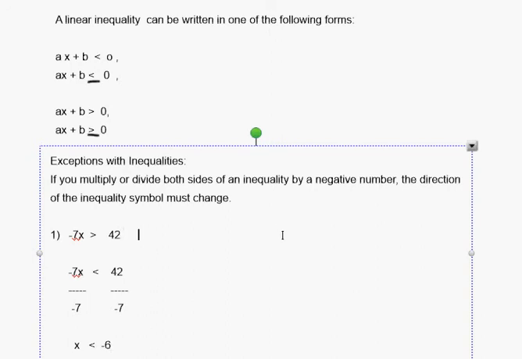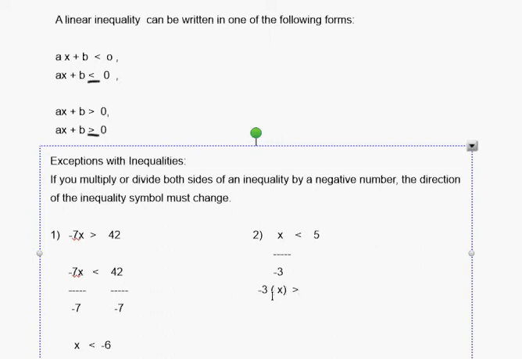Now, what if we start with x over negative 3 is less than 5? Well, to undo the dividing by negative 3, we're going to multiply both sides of the inequality by negative 3.